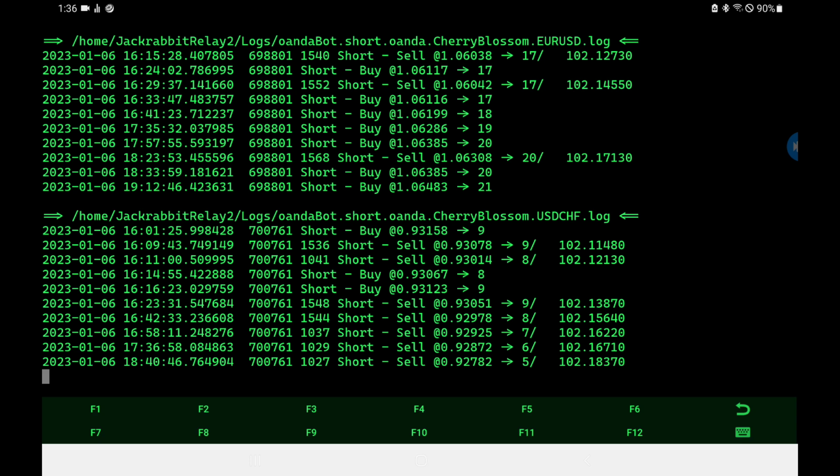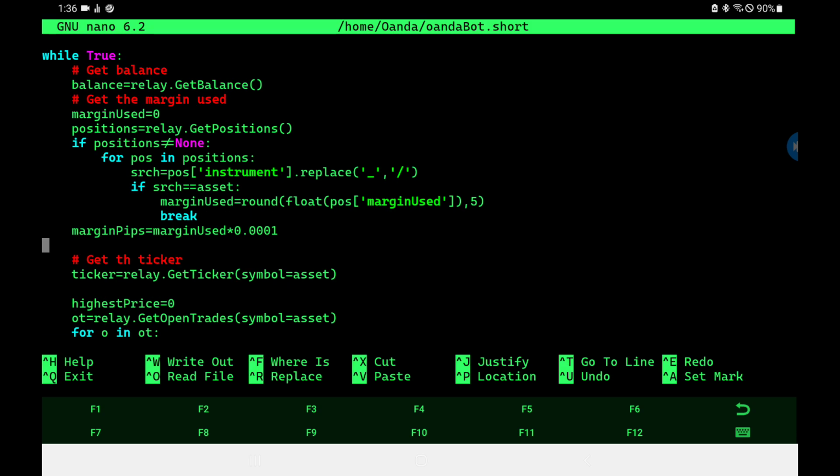So let's get back into the code and look at the next part. Okay, we're getting the ticker again. And now we need to try to figure out the highest price. Remember, we're shorting this asset.